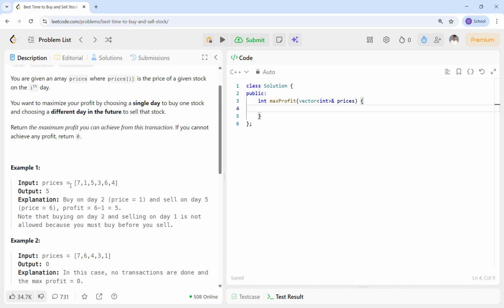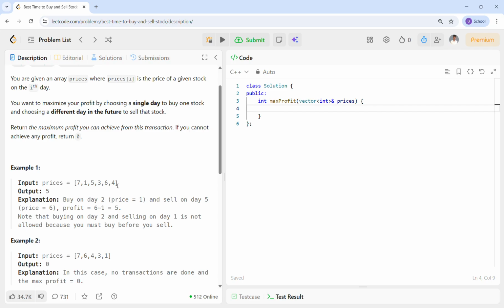So what we have to do is buy on one day and, on the next day or some other later day, sell. If I buy at 7, then I can sell at 1, 5, 3, 6, 4 any way, but I have to maximize my profit.